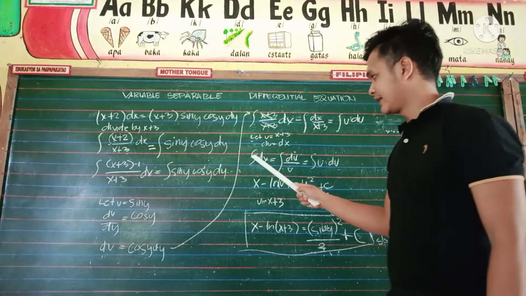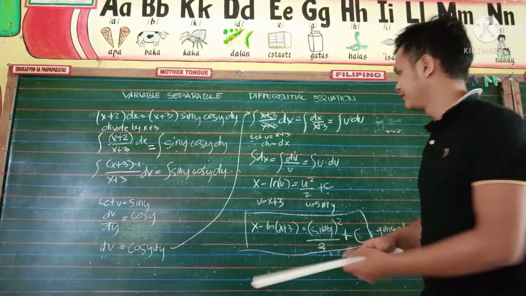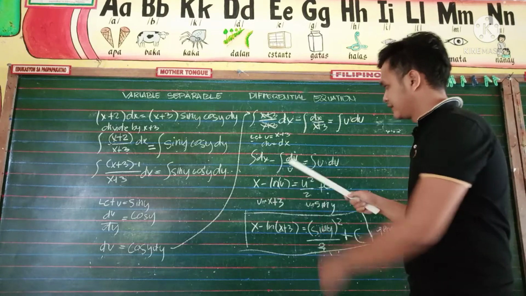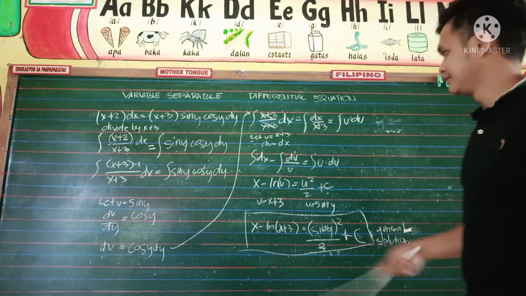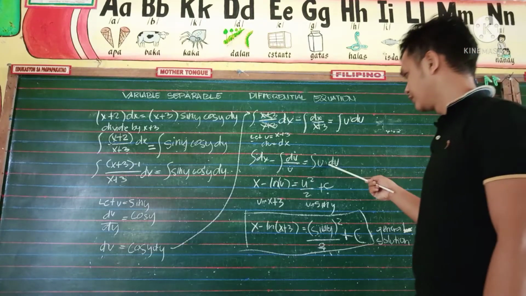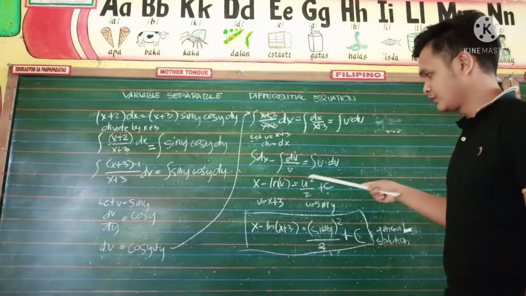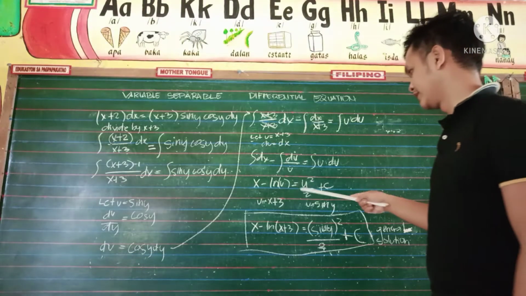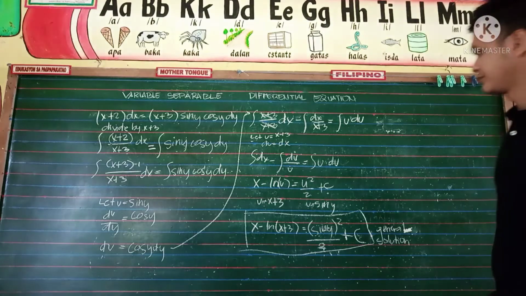So the integral of dx is equal to x, and the integral of du over u is equal to negative ln of u, and the integral of u multiplied by du is equal to u squared divided by 2 plus the constant.